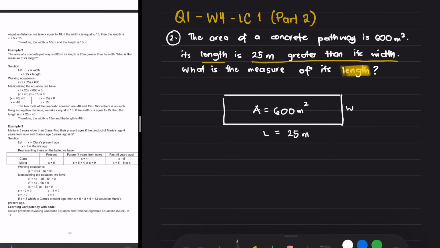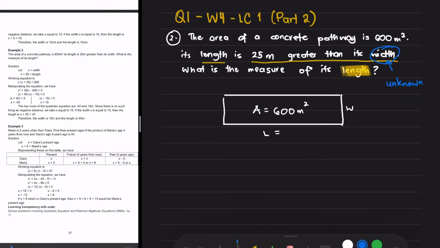Dito, kinumpare yung length, ang basihan ng length, ang measurement ng length, it's the width. Since walang binanggit dito kung ano ang measurement ng width, ito yung magiging unknown quantity natin.